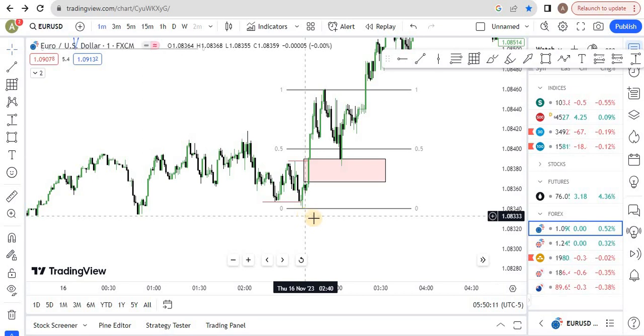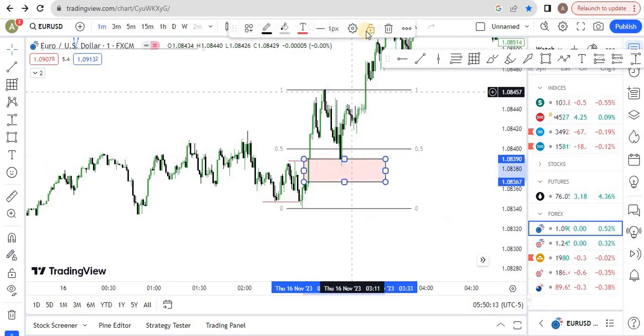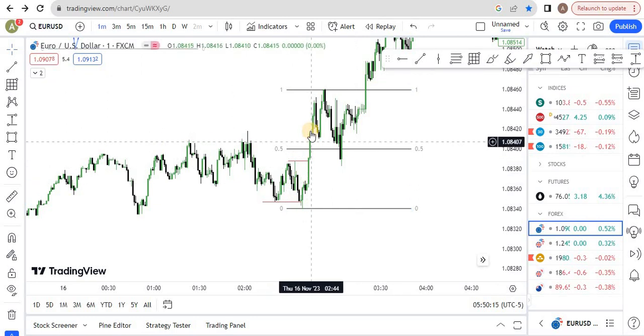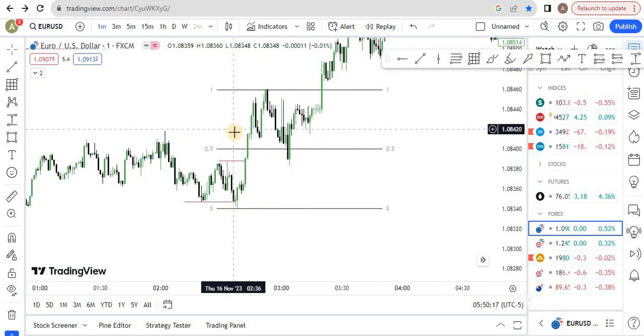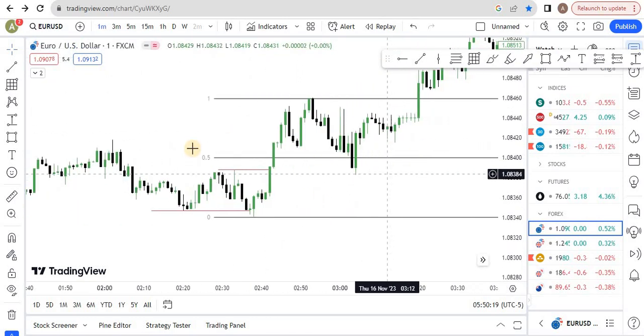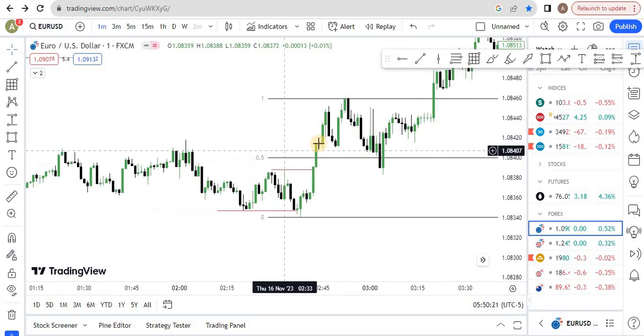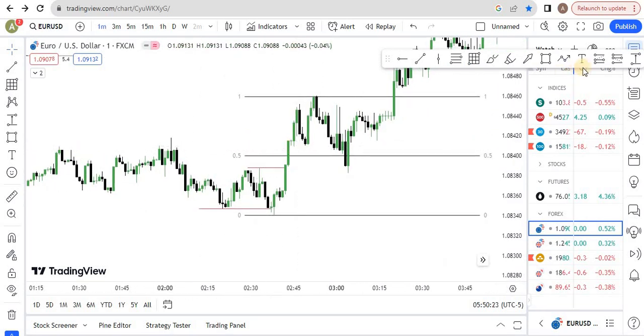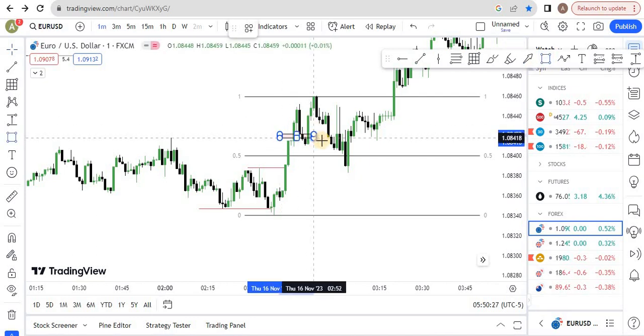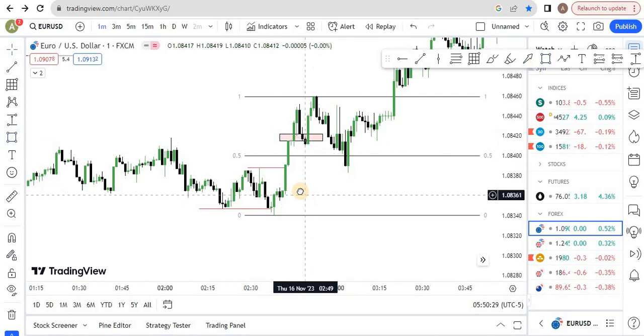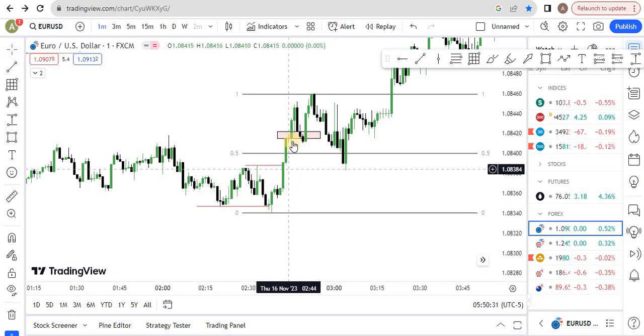Because sometimes what happens is price reaches to the upside, and we have also seen here a fair value gap. So people, including me, will take an aggressive entry from here. Where do we put our stop loss on the downside?